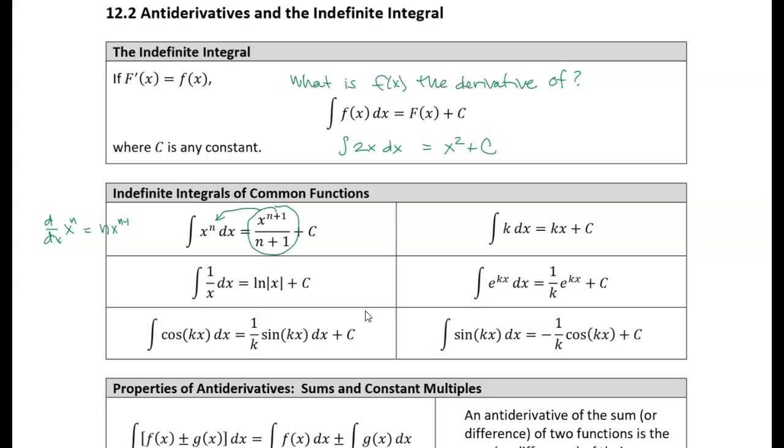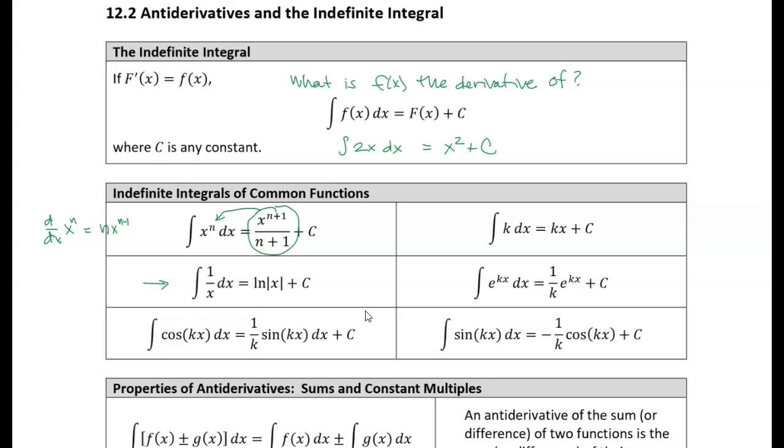Okay, so we're just doing derivatives in reverse. And all of these antiderivatives or indefinite integrals of common functions just come from the derivative rules that you already know. I think the main exception here is this one, the antiderivative of 1 over x.